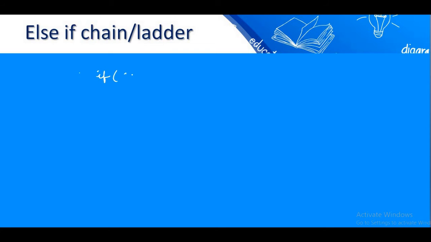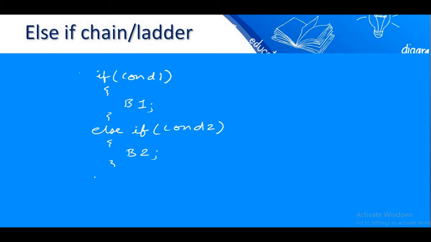First of all, if, then this condition 1, okay, and then the associated block of statements, then we will write else if, okay, and then again condition 2, okay, and then block 2 like this.